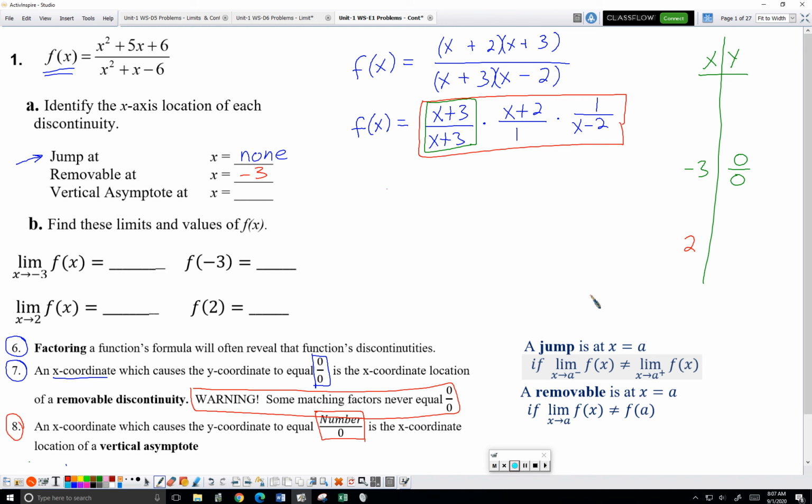So this is 1. This is 4. Here it is, 1 over 0. So the top's going to end up being 5 times 4, which is 20. But the bottom's going to be 0. So I have a number divided by 0. That's what causes the vertical asymptote discontinuity to occur.